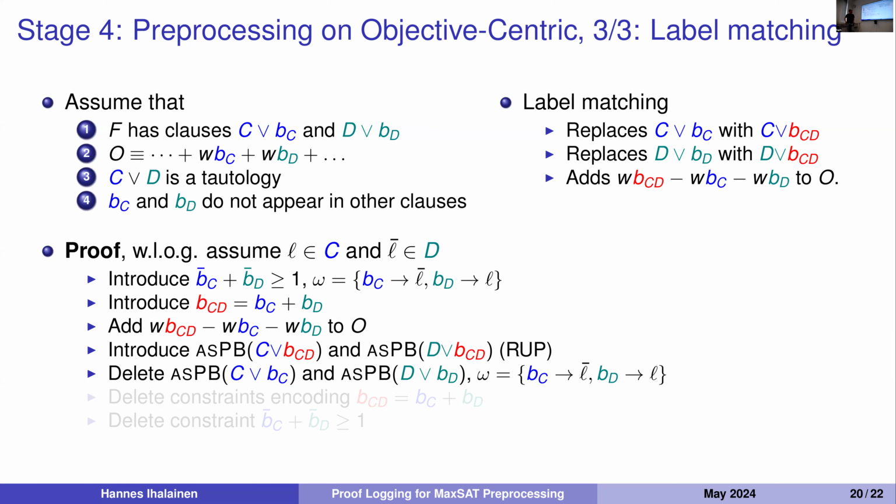So to see that this is correct, definitely we satisfy the constraint we are deleting, but there are also other proof applications, and it's not immediately obvious that this works, I think. So let's see.